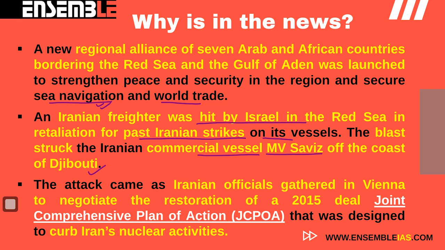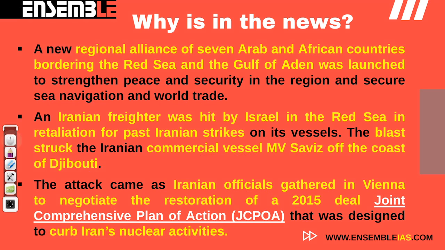The attack came as Iranian officials gathered in Vienna to negotiate the restoration of the 2015 deal, the Joint Comprehensive Plan of Action, known as JCPOA, that was designed to curb Iran's nuclear activities. So, because of all these reasons, the Red Sea has been in the news recently.